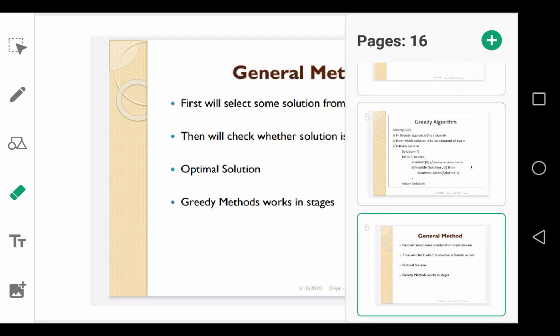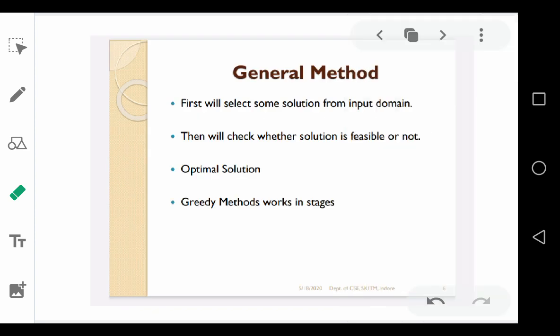Next we'll see the greedy method. In the greedy method, the following steps are performed. First, we select some solution from the input domain. Next, we check whether the solution is feasible or not. Third, from the feasible solutions, we check whether the particular solution satisfies the objective of the problem statement.